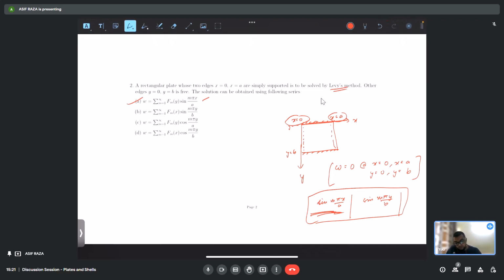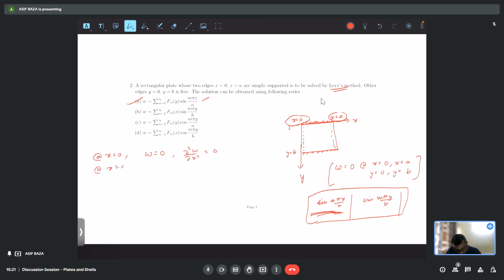You can also verify it by applying the boundary conditions. At x equal to 0, you would have w equal to 0 and del square w by del x square equal to 0.